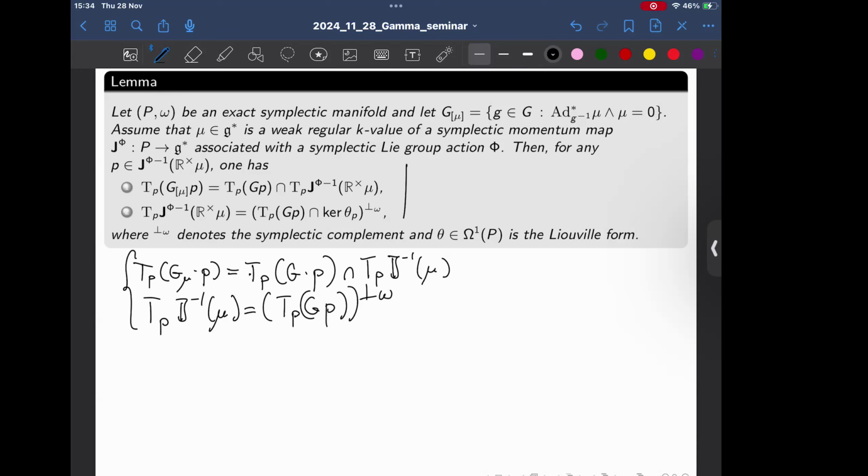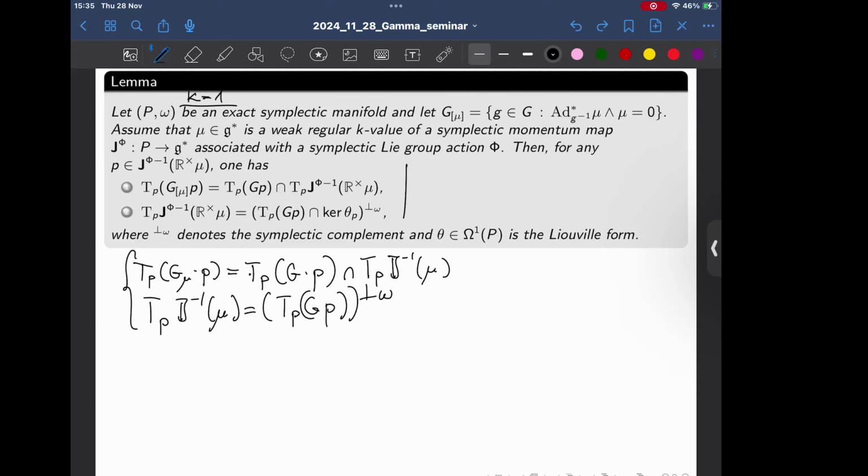So let (P, omega) be an exact k-symplectic manifold. Now restrict to k equal 1: an exact symplectic manifold. G_mu is a subgroup of G such that ad*_g^{-1}(mu) wedge mu is equal to 0.